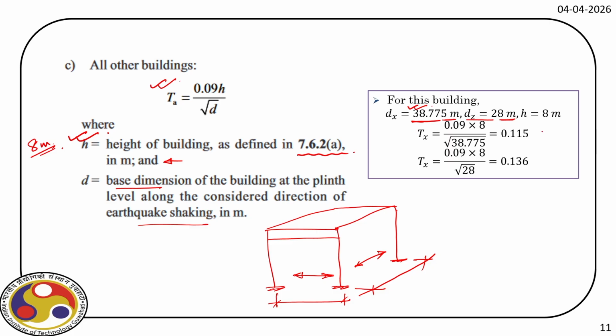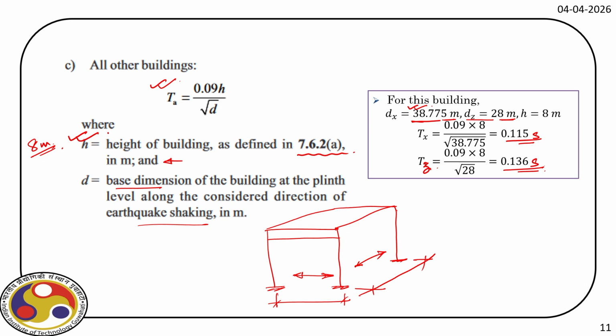So now based on this dimension, Tx is 0.115 seconds and this will be Tz, actually, because Y in our case is the vertical direction. So Tz is 0.136 second.